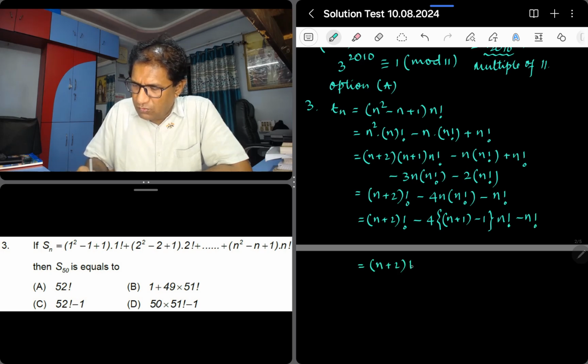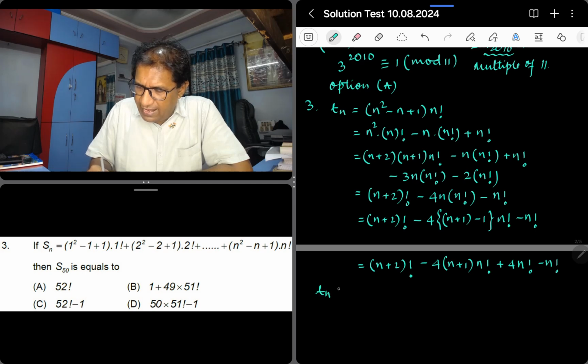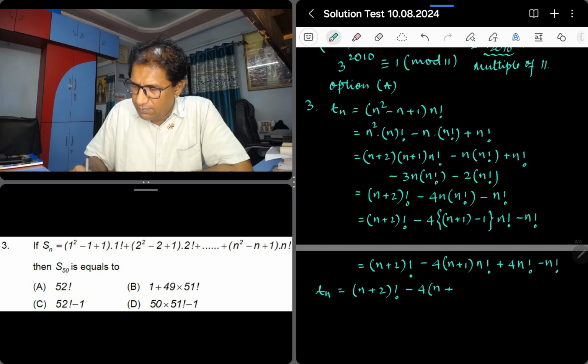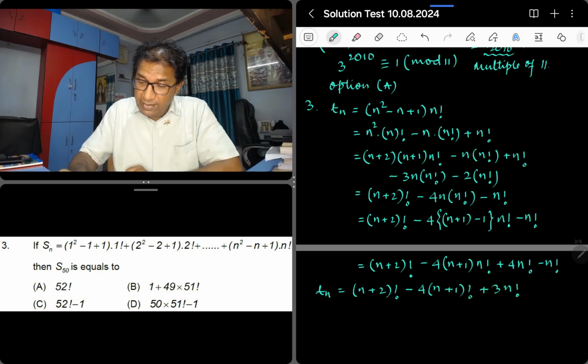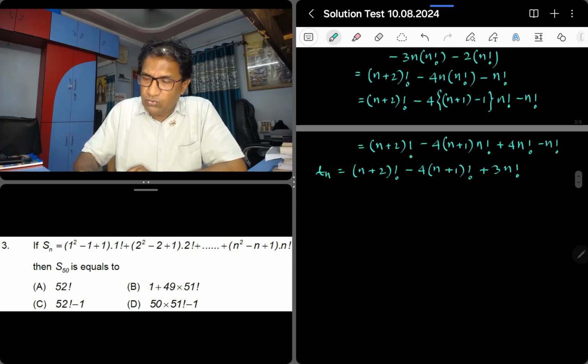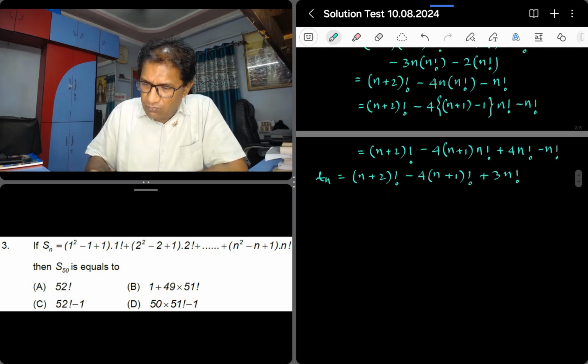So it is n plus 2 factorial n plus 2 factorial minus 4 times, so we are getting Tn as, right. Now I'm putting n equals to 1, 2, 3, 4 till 50. So what we are getting?